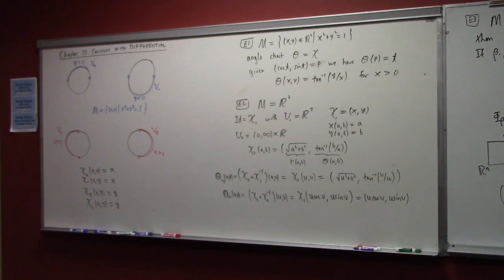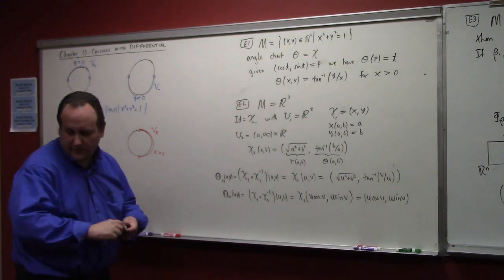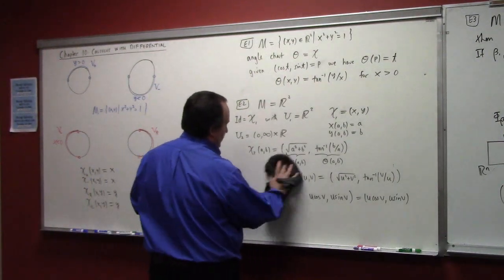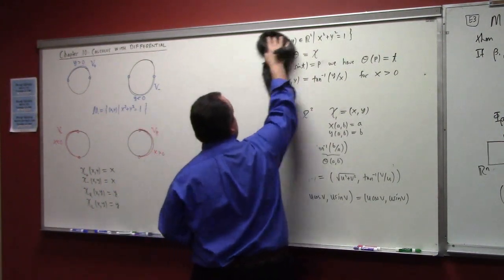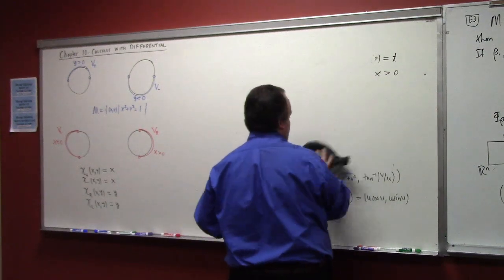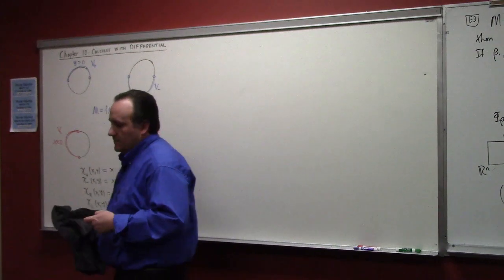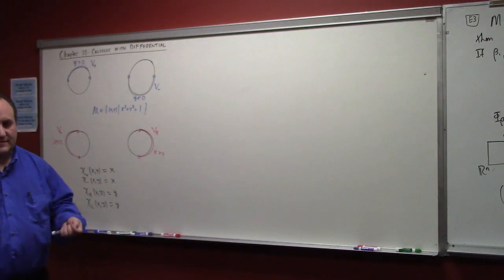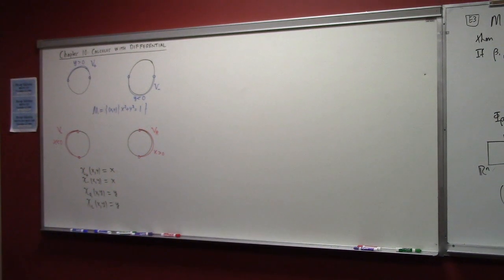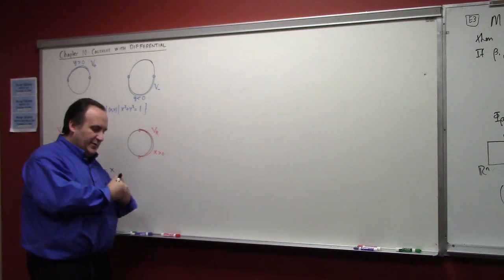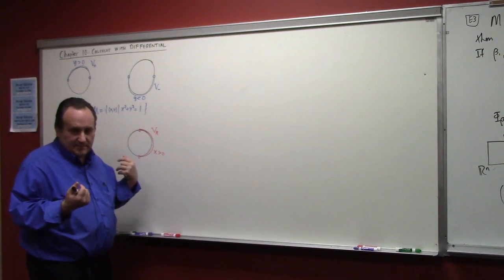Let's try to work that out. Let's work out one of those. By atlas, we mean the collection of 4 charts. Yes, the atlas here is the collection of all 4 charts. Now, if you want to get all fancy, you can talk about a so-called maximal atlas. The maximal atlas is when you take a given atlas and you adjoin to it all possible compatible charts with the given atlas.